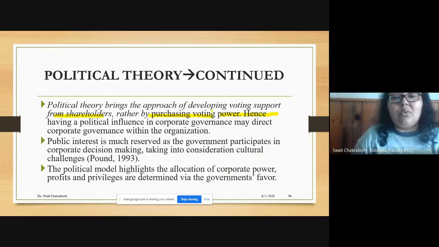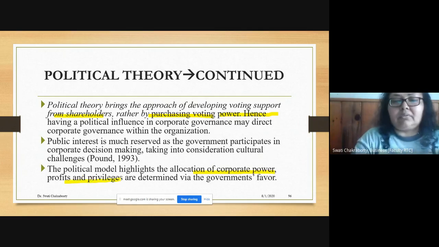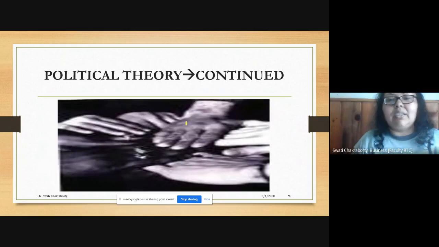Okay, so it talks about allocation of corporate power, profits, and privileges, right? This is where you give your decision without any fear, unanimously.